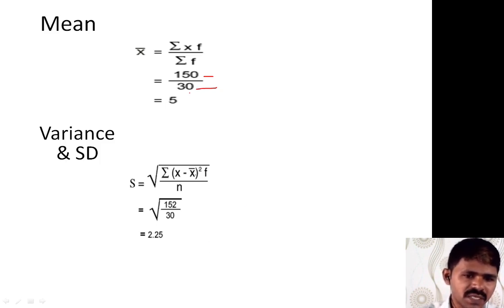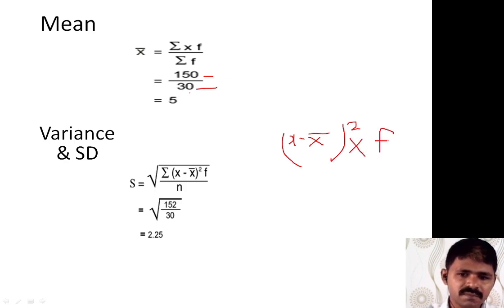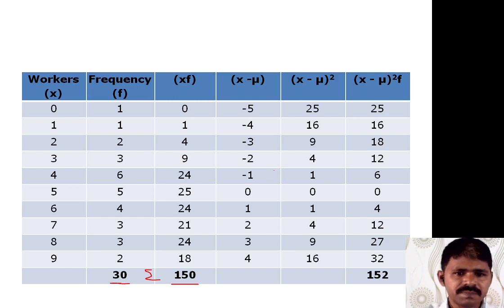After that we multiply this by the frequency. Here x minus mu means the mean, mostly used for population, while x bar is used in general, so there isn't any impact whether it is x bar or mu.